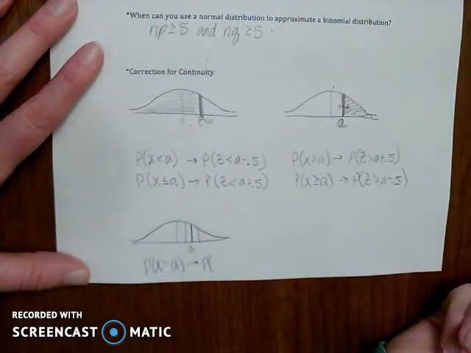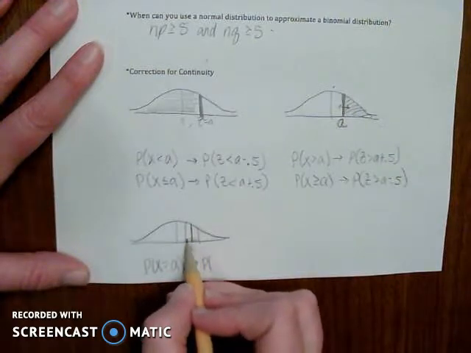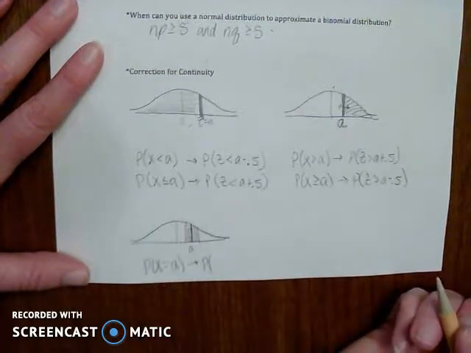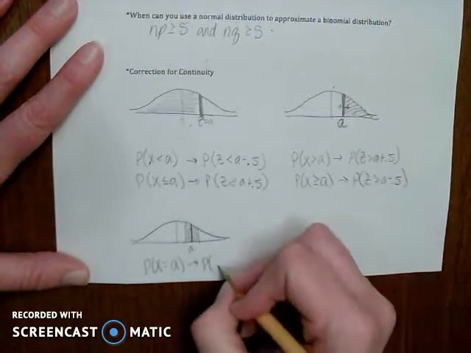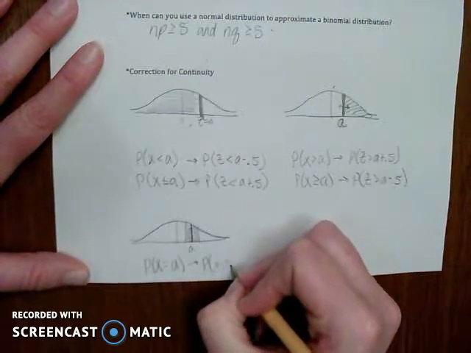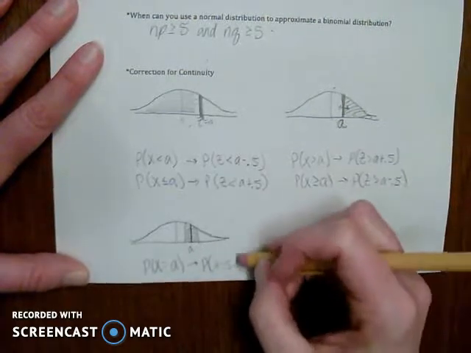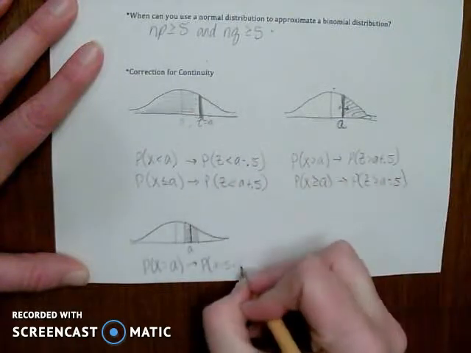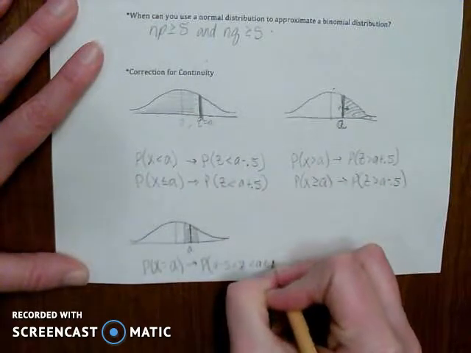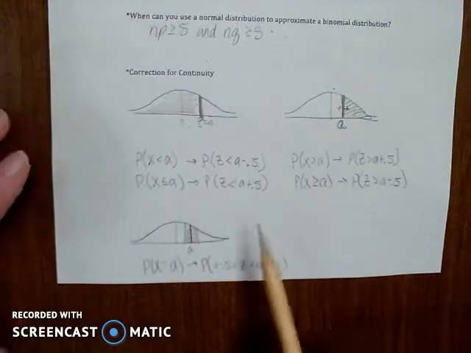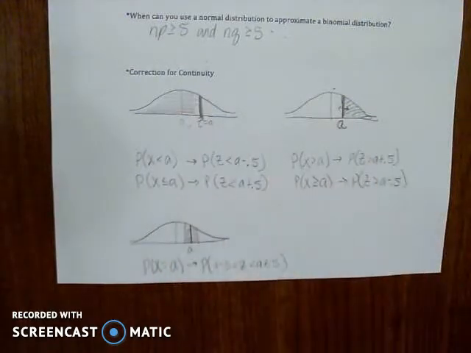That's obviously really drastic, but you have to go above and below in order to make an area. So this is going to be a minus 0.5 less than z less than a plus 0.5. Again, this is the big thing that you have to add on for this, but it's not a huge thing if you don't do it.